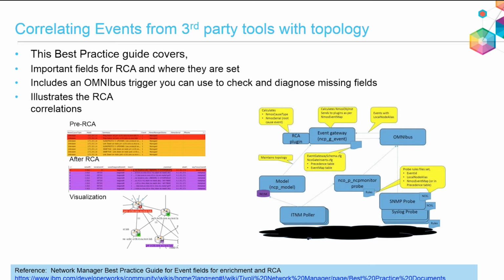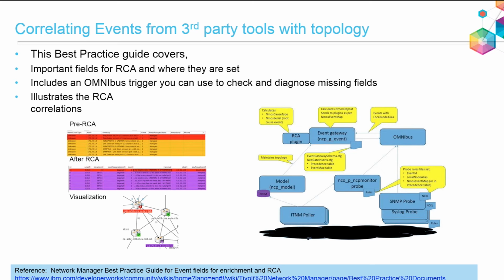After it gets into Omnibus, the event gateway immediately extracts all the events that have a local node alias assigned. It's doing this all the time. So if you didn't assign a local node alias, then it won't get the opportunity to be enriched here. The event gateway now takes it and does a number of different things.